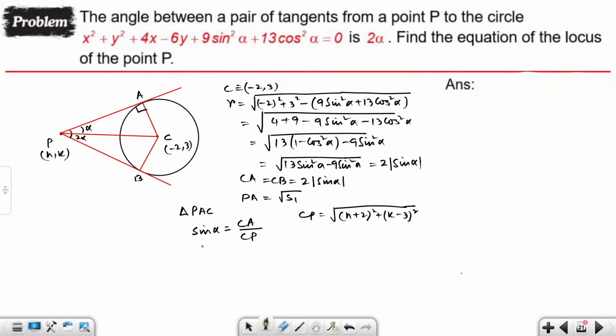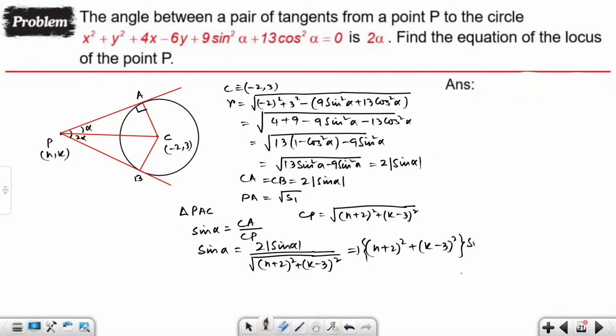So now, in the triangle PAC, sine alpha is CA by CP. So we can write sine alpha equals CA, which is the radius, divided by CP. Your CP is root over h plus 2 whole square plus k minus 3 whole square, correct? Now, if I square both sides, we are going to have h plus 2 whole square plus k minus 3 whole square into sine square alpha equals 4 sine square alpha.